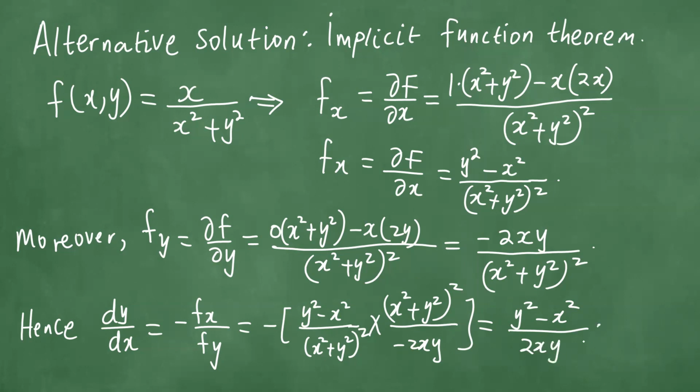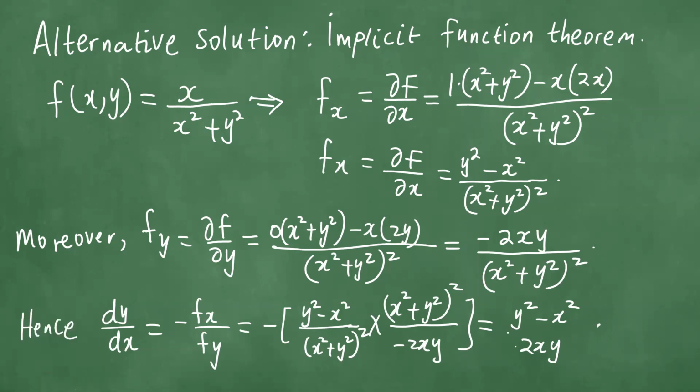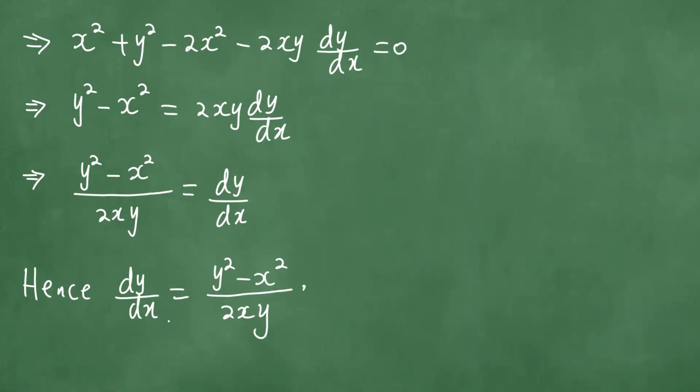And if you look at these carefully, we have the same result as we got before. What is the result? We got before that dy/dx is y squared minus x squared all over 2xy, and that is what we got again.